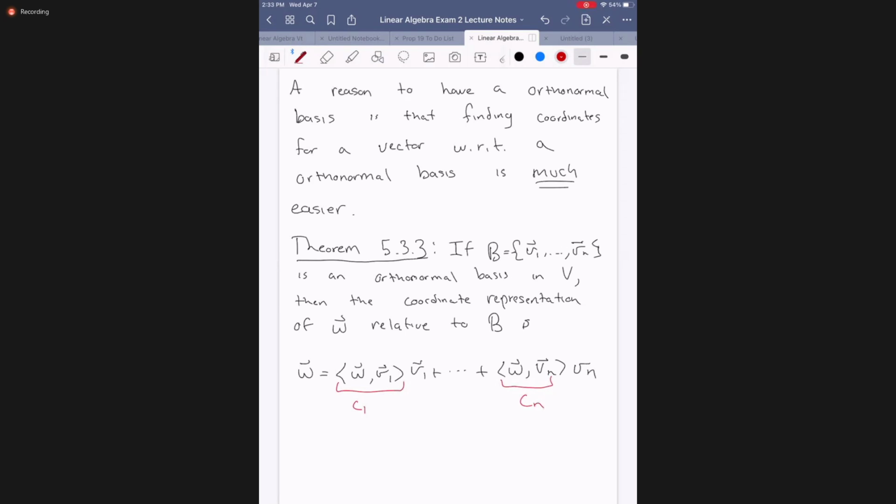You don't have to go through the hassle of the RREF or simplifying giant polynomials down into a matrix system. You just compute the inner product between what you're given, and those are the coordinates. Also, the Pythagorean theorem holds in inner product spaces as well. That's another nice thing to have.